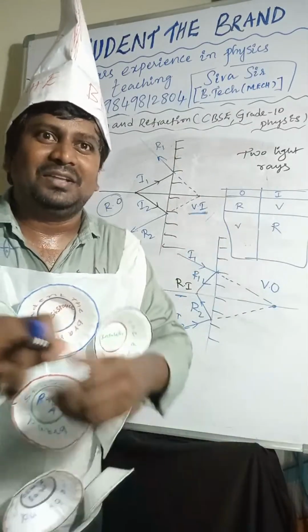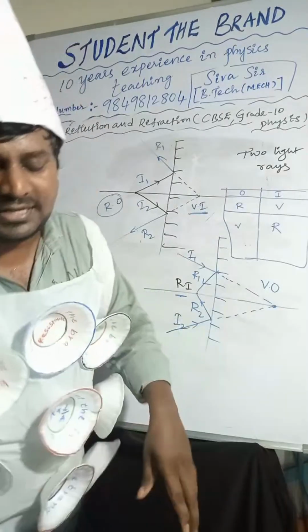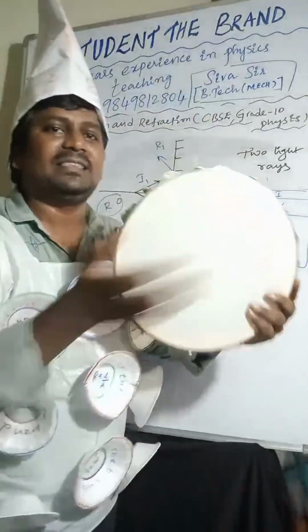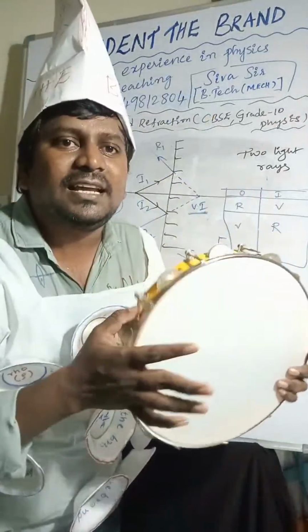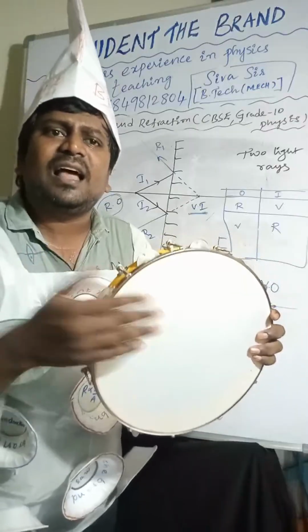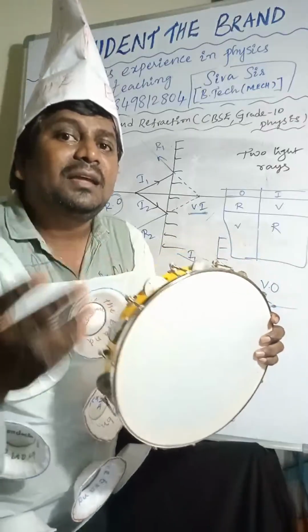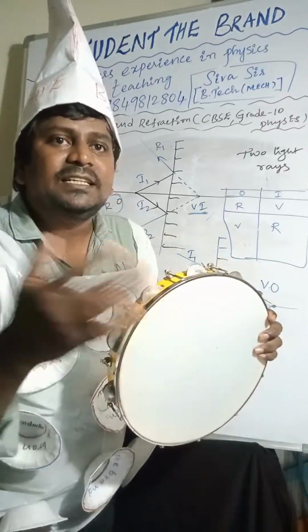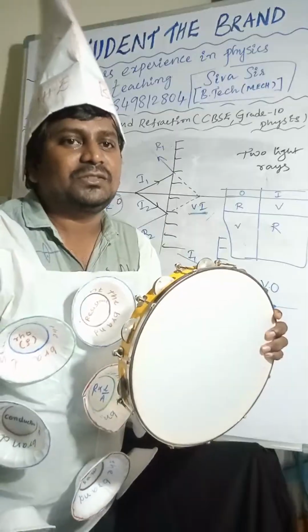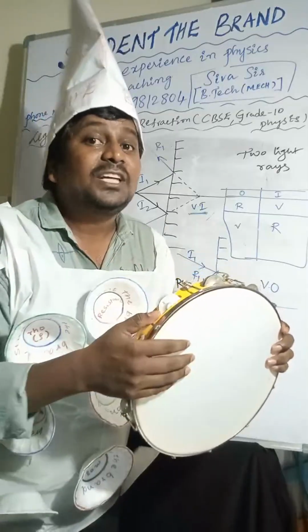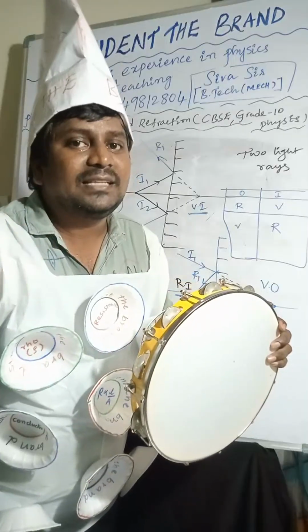Come on, this is a very important concept. You need to understand one thing. If the object is real, image is virtual. Image is real, object is virtual. Object is real, image is virtual; object is virtual, image is real.